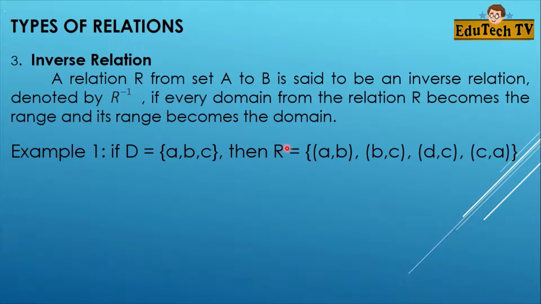Now, for the inverse of this relation, we just have to interchange the two elements. So we'll have BA, CB, CD, and then AC. The domain of the relation R, which are A, B, D, and C, becomes the range in the inverse, and the range of the relation becomes the domain of its inverse. So that's the inverse relation.